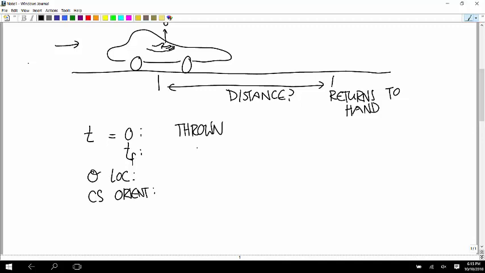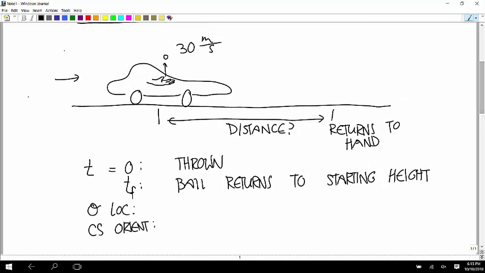Time final is going to be when the ball returns to its starting height. The origin we're going to put on the ground right beneath where the ball is at time equals 0. The y-axis is going to be up. The x-axis is going to be horizontal in the direction of motion. Those are shown in the picture.